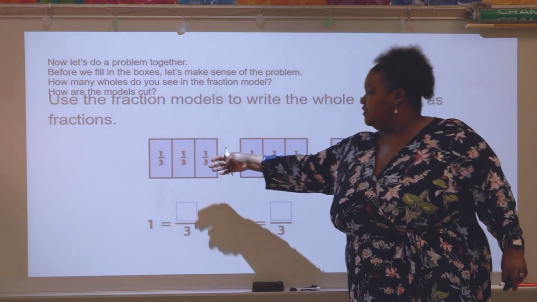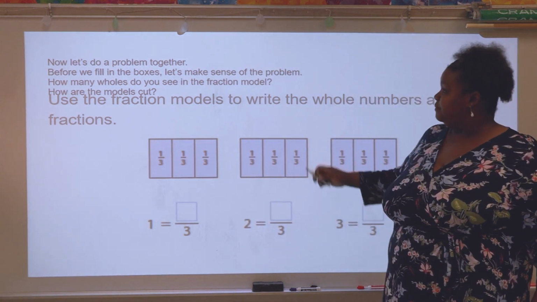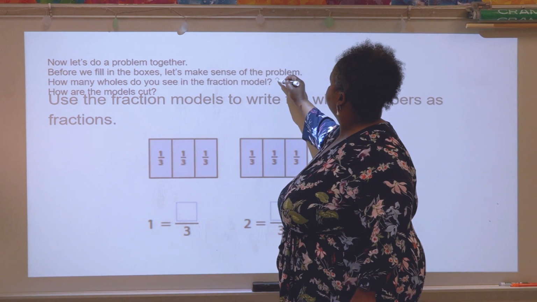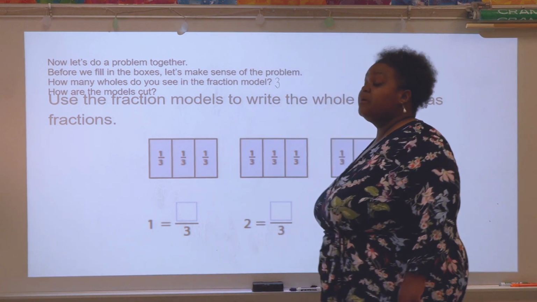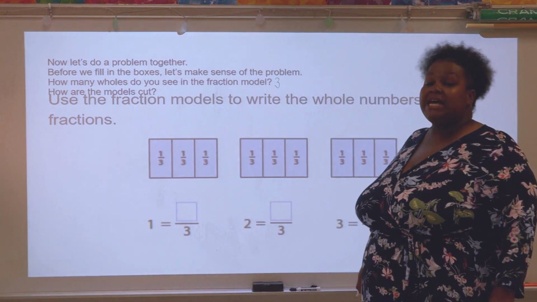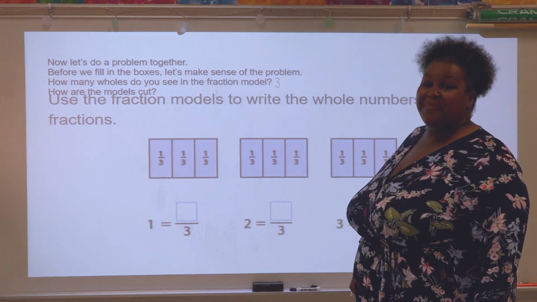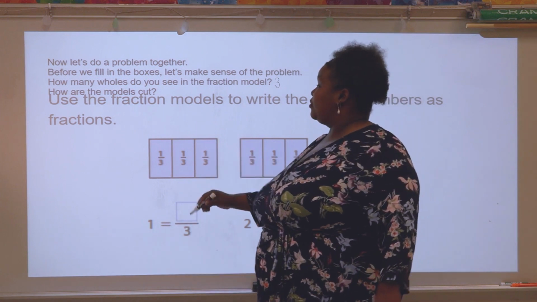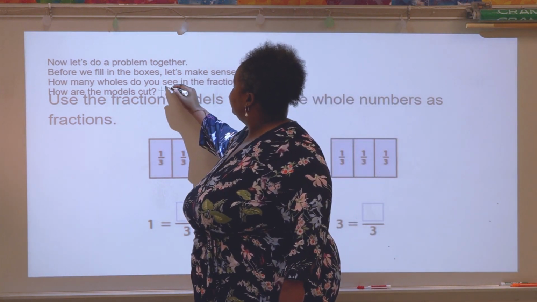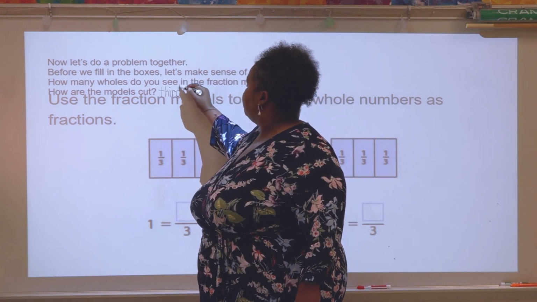I have a total of 3 holes. How are the models cut? What are they cut into? And yes, out loud, I bet you were saying into thirds. They are cut into thirds.